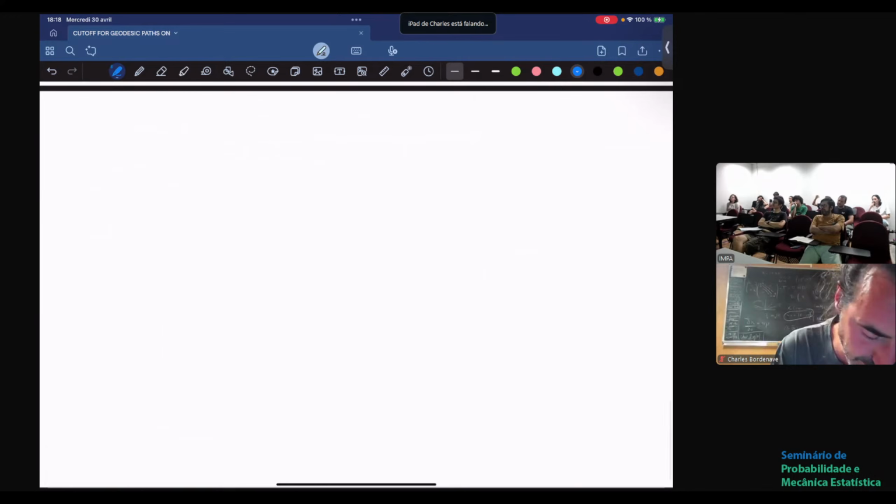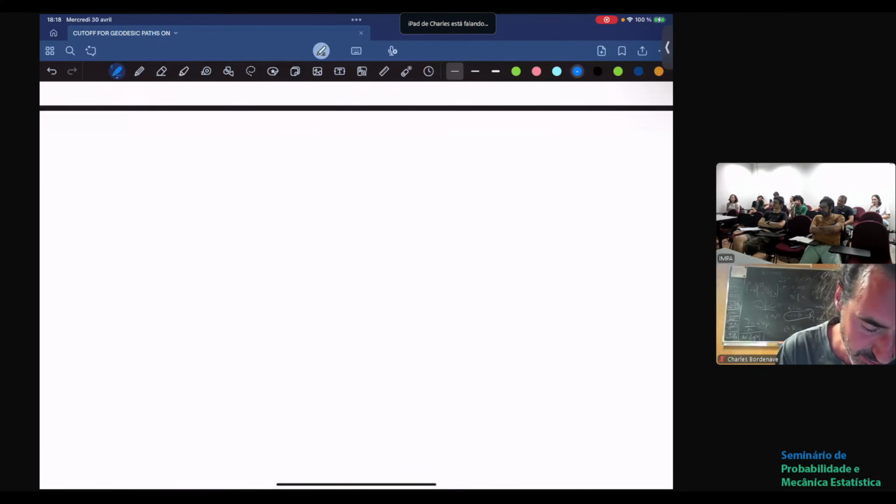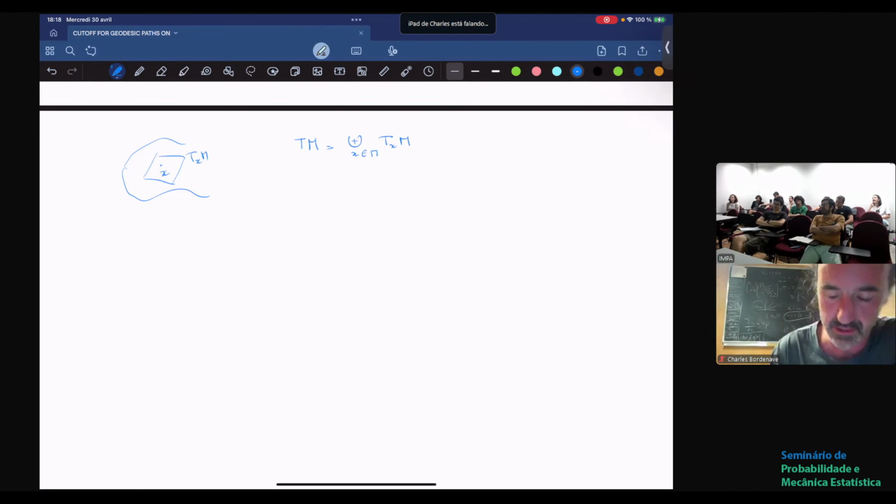To define it properly, around each point in your manifold, maybe this is my manifold, you have a tangent space, which we call T_x M. This is the tangent space at x, and there is something called the tangent bundle, which is a disjoint union over all points of your manifold of these tangent spaces.